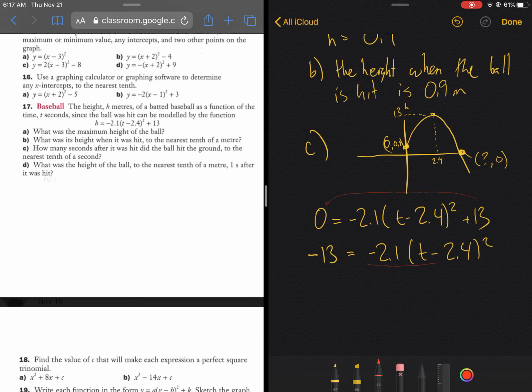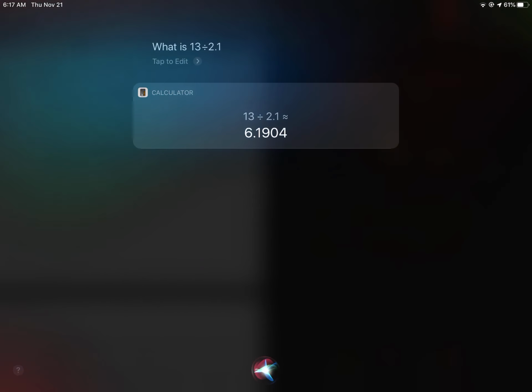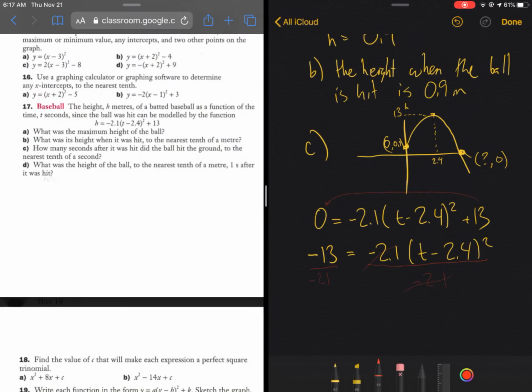Our next step, divide both sides by negative 2.1, because we're trying to isolate t. That crosses out, and we get approximately 6.2, which becomes positive, equals (t minus 2.4) squared.